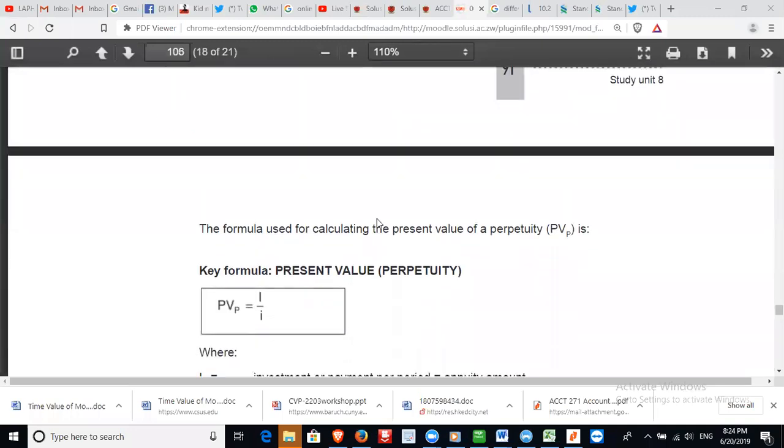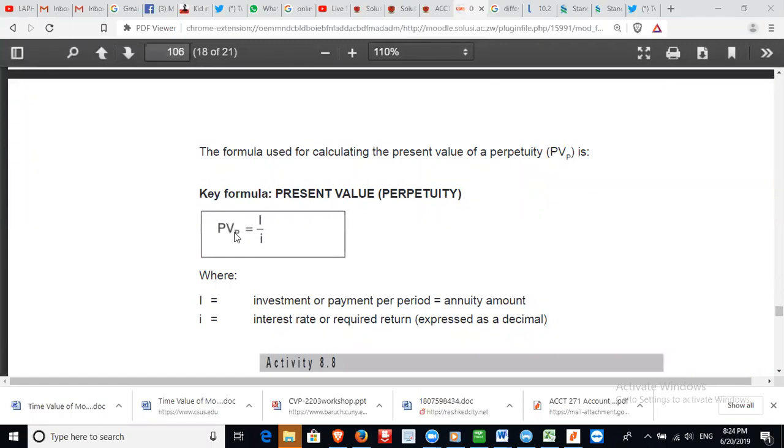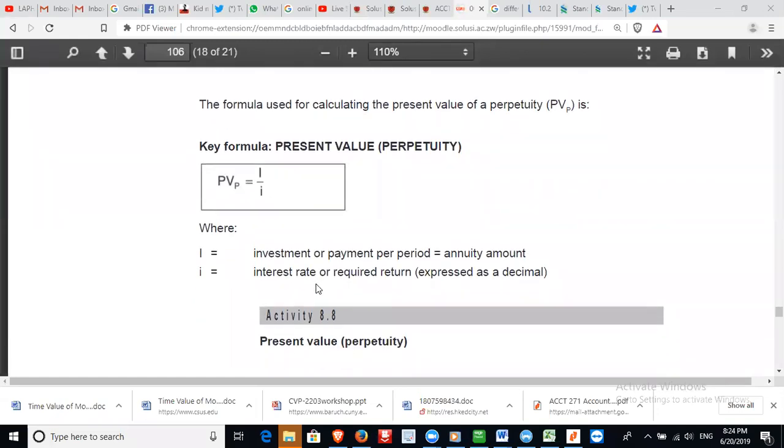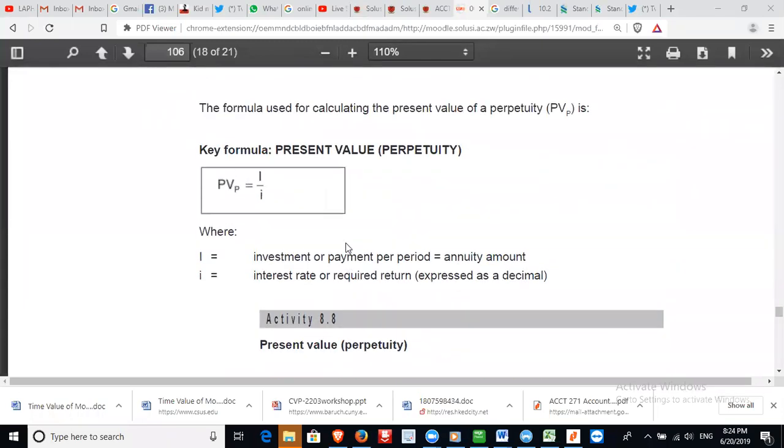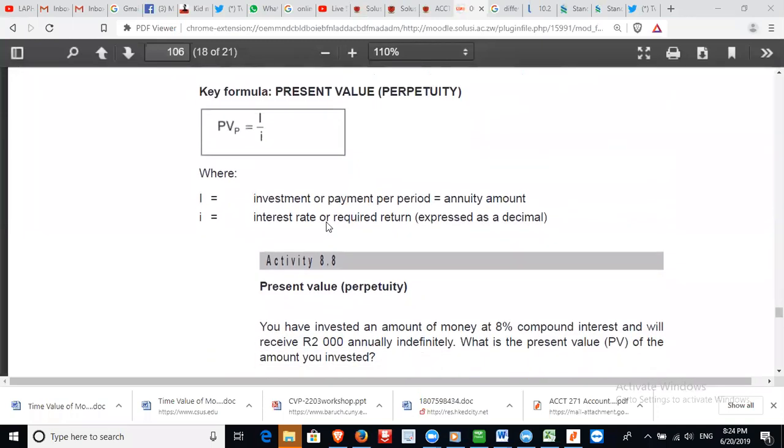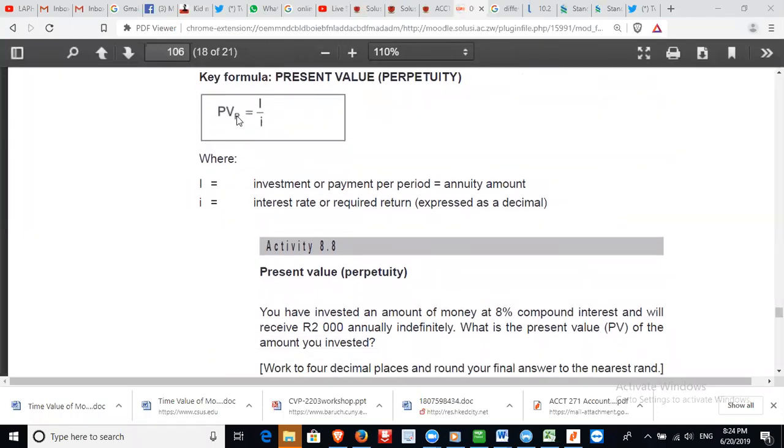Present value for perpetuity, which is PV, is equal to I, that is the investment over the interest rate or required rate of return, right? Then is that question.